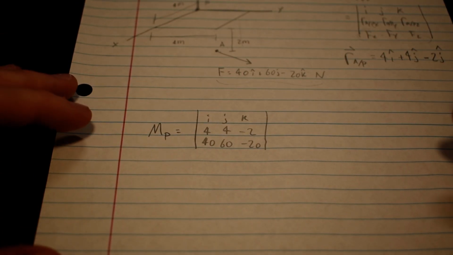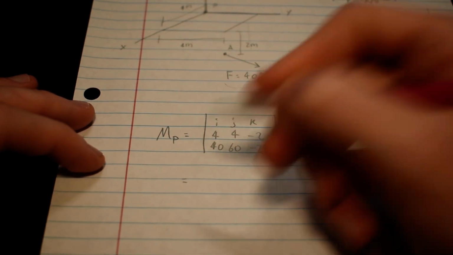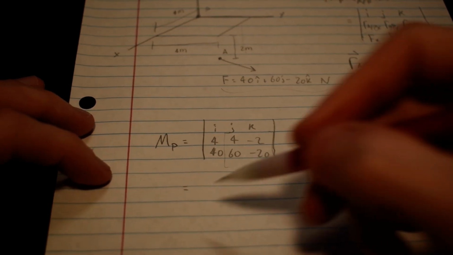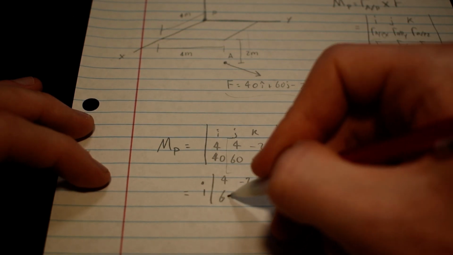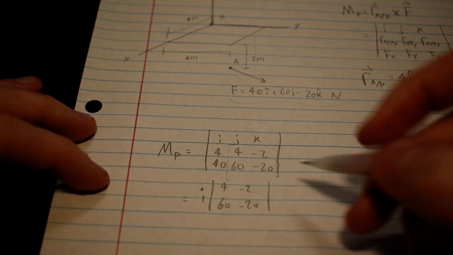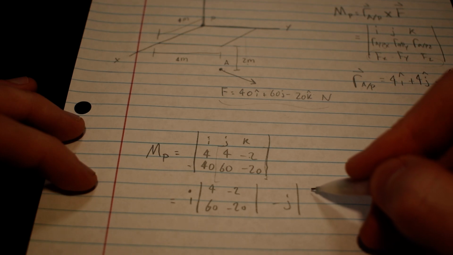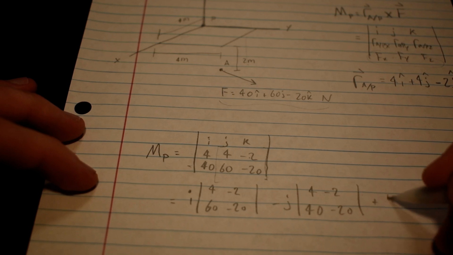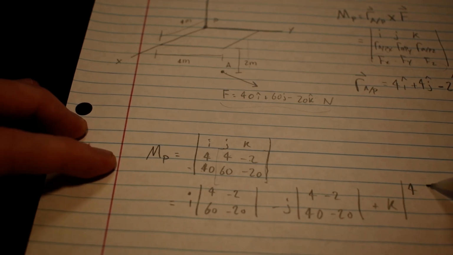Okay, so remember our trick for 3x3 determinants. We multiply i times the determinant of this matrix: 4, -2, 60, -20, minus j times the determinant of this matrix: 4, -2, 40, -20, plus k times the determinant of that matrix: 4, 4, 40, 60.